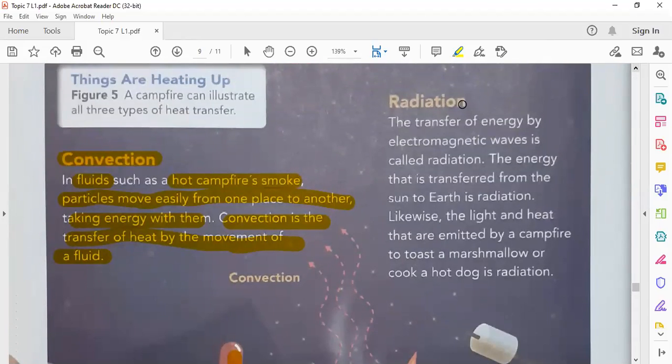The last way by which heat moves is radiation. A most important example for radiation is how energy or heat comes from the sun to earth, the electromagnetic radiation. For this reason, it's called electromagnetic. The heat or energy moves from the sun to earth directly.